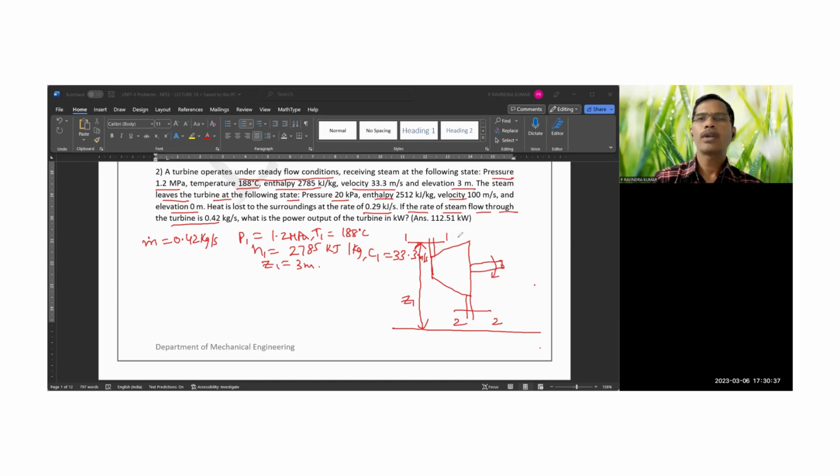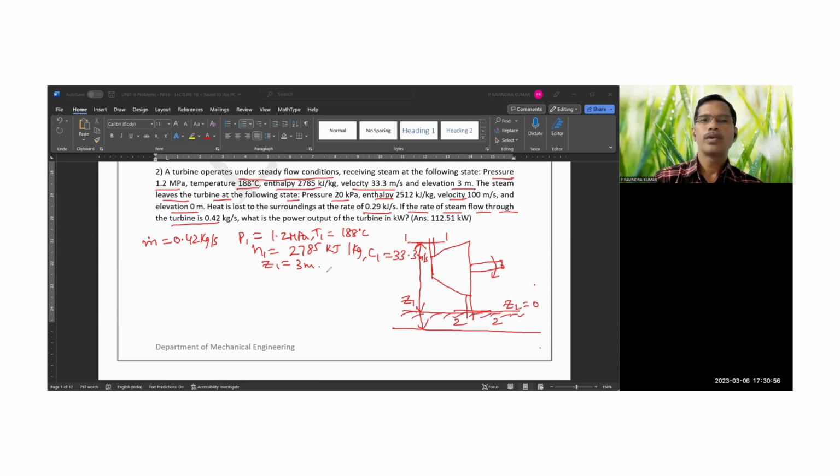For the outlet, the exit section, Z2 is equal to 0. This is the datum head.